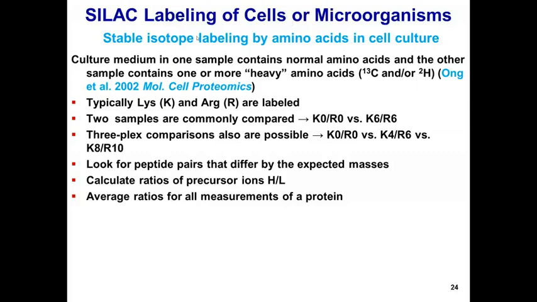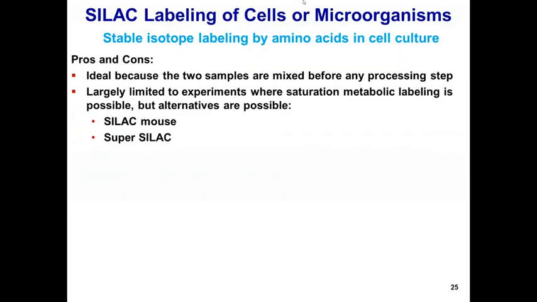We therefore are looking for mass differences at the same position in the HPLC gradient. We calculate ratios of the precursor ions, heavy over light, and average the ratios for all measurements matching a protein.